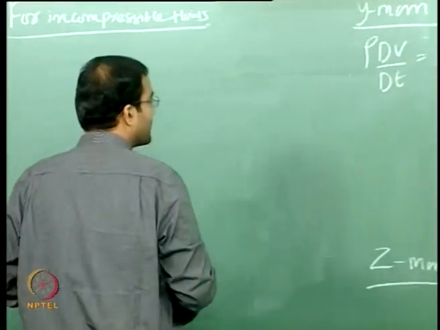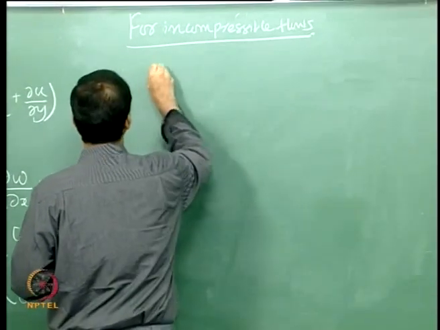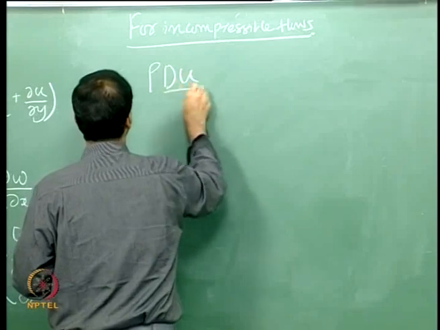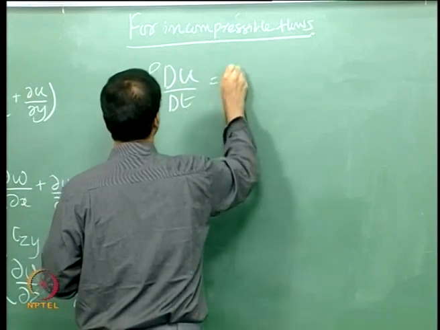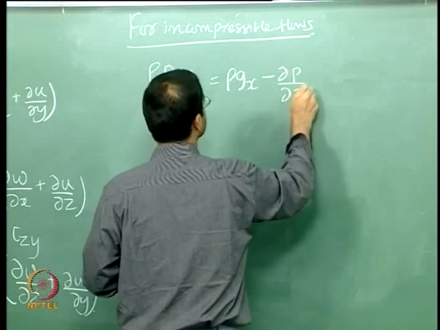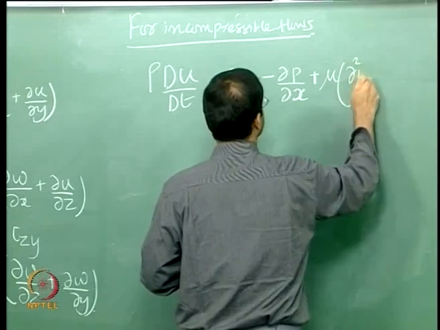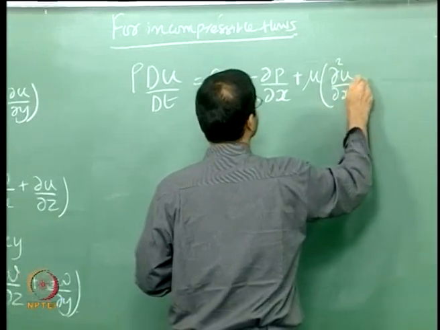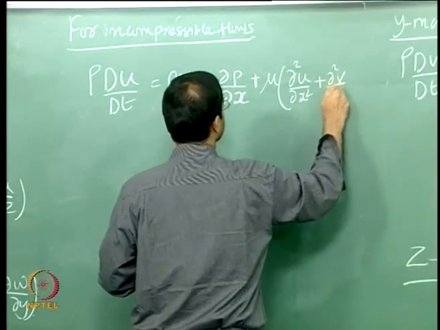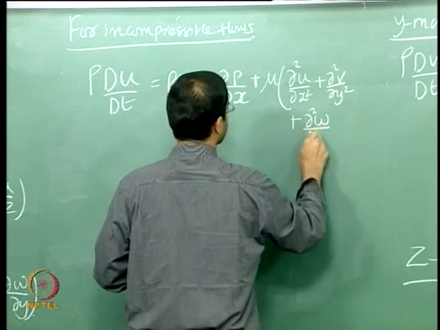So finally when you retain only the necessary terms, you will have rho du by dt is equal to rho gx minus dp by dx plus nu times d square u by dx square plus d square u by dy square plus d square u by dz square.